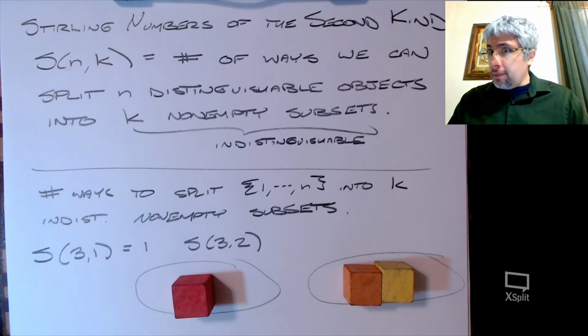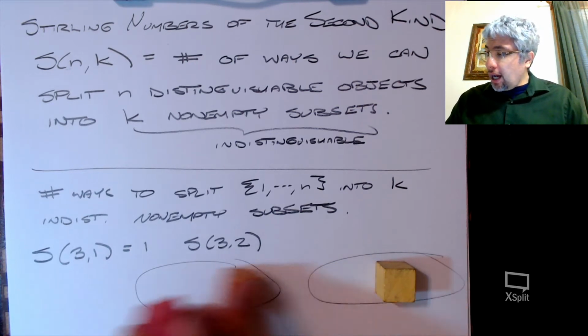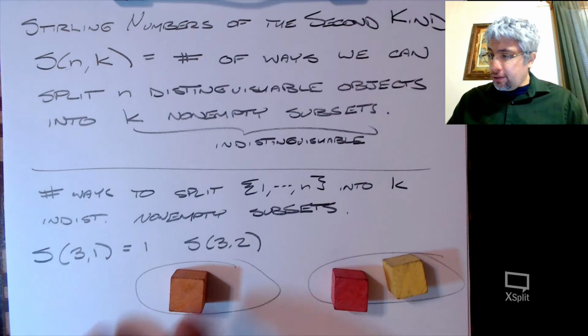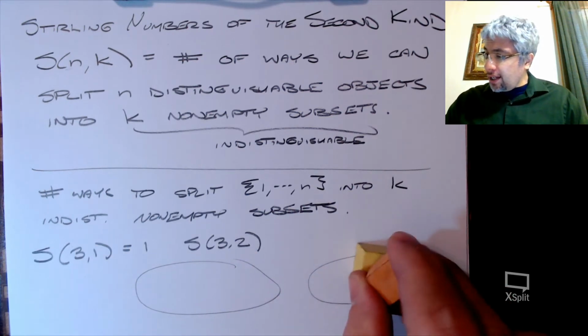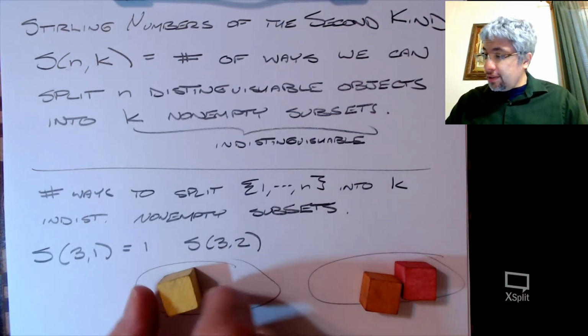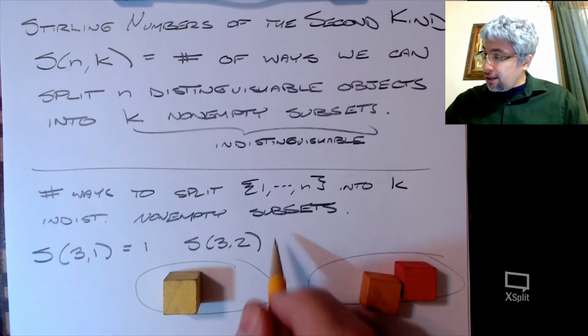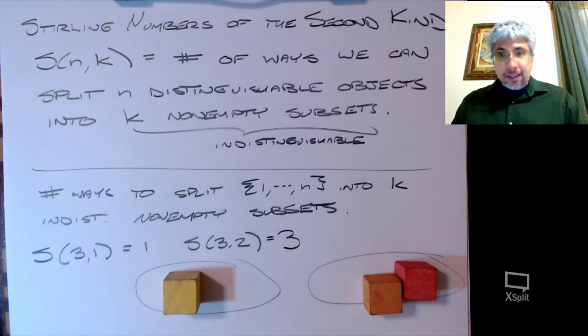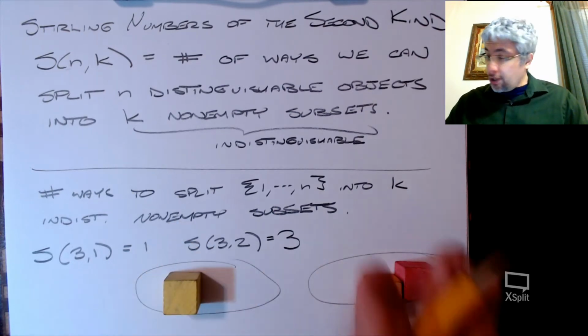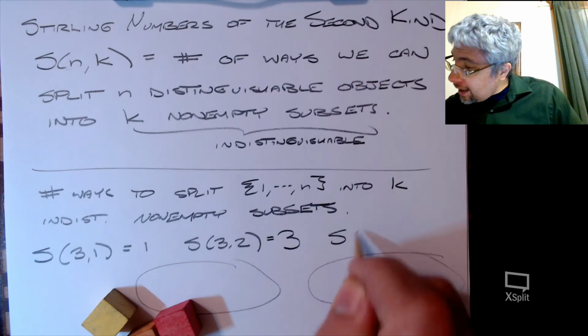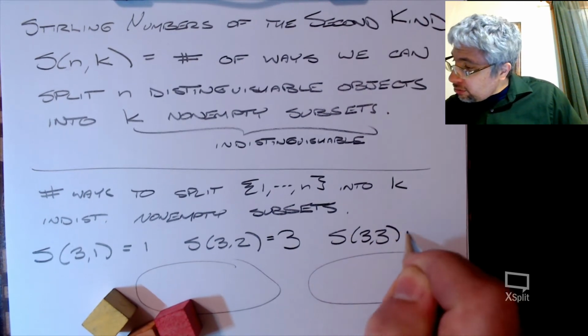So I could do red by itself. I could do orange by itself. Or I could do yellow by itself. Oh, well, there's 3 possibilities there. Those are the only ones. One has to have 2, one has to have 1. They are non-empty. Okay, now let's look at S(3,3).